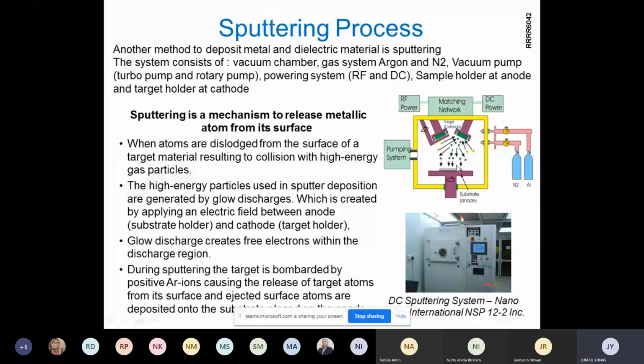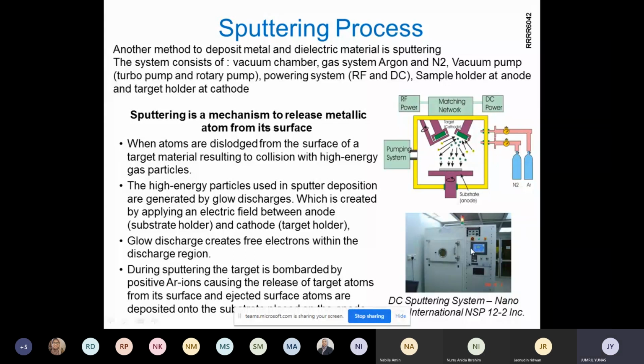The released atoms will be deposited onto the substrate. So the final result is a new metallic layer on the substrate.